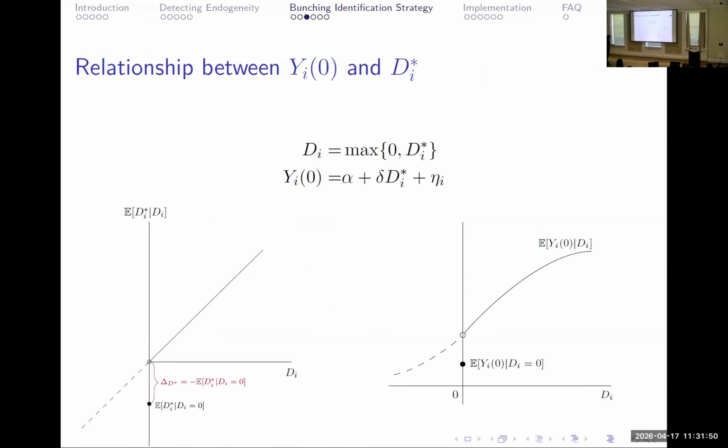You all know we already discussed how the untreated potential outcome could look in theory. But now I'm going to ask what is the average type of the models. By type, I mean the value of the selection variable, the average type among the models that choose exactly, let's say, 2,000 hours, or 1,500 hours, or 1,000 hours, and so on.